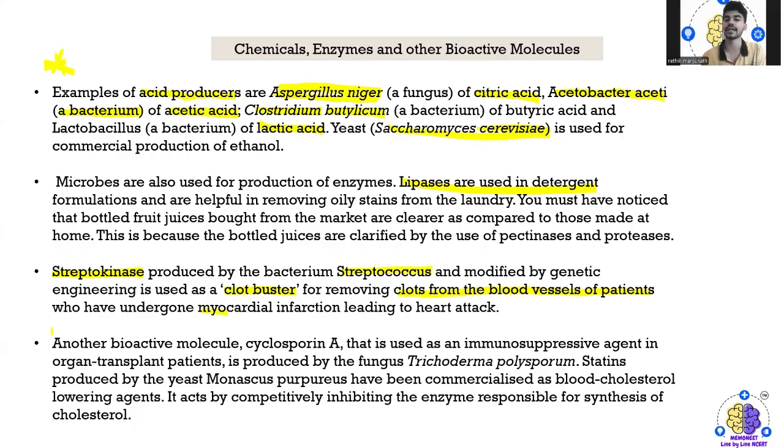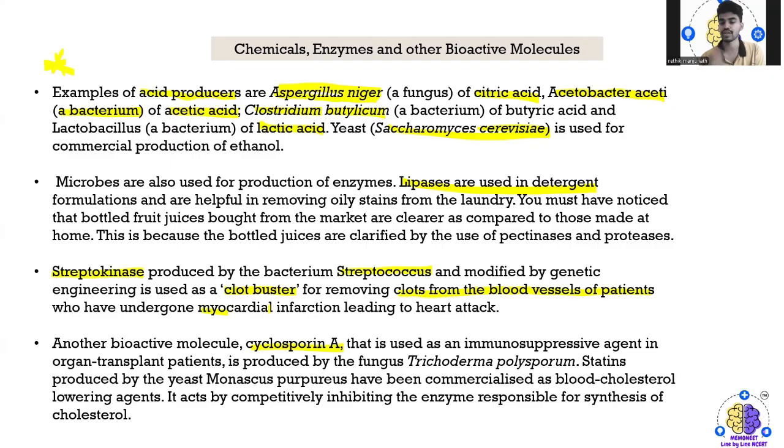Next, another bioactive molecule which has been used as an immunosuppressive agent in organ transplant patients is cyclosporin A, which is produced by the fungus Trichoderma polysporum. Another one is statins, which are produced by yeast.